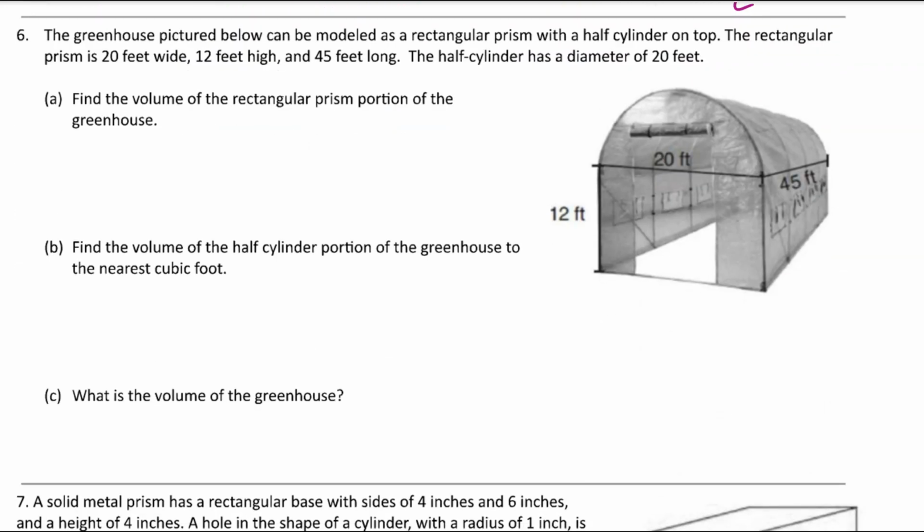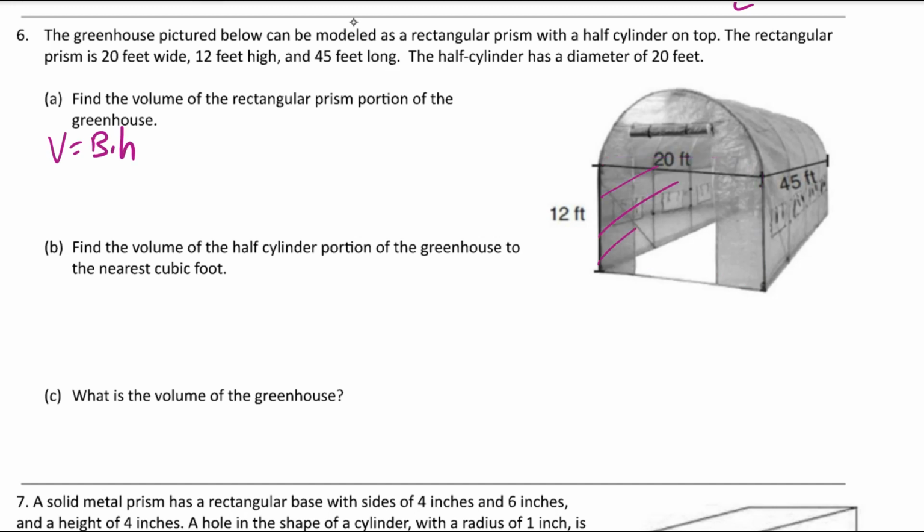Number 6. The greenhouse pictured below can be modeled by a rectangular prism with a half cylinder on top. The rectangular prism is 20 feet wide, 12 feet high, and 45 feet long. The half cylinder has a diameter of 20 feet. Find the volume of the rectangular prism portion of the greenhouse. Well, that's this piece down here, and the volume of any prism is the area of the base times the height.